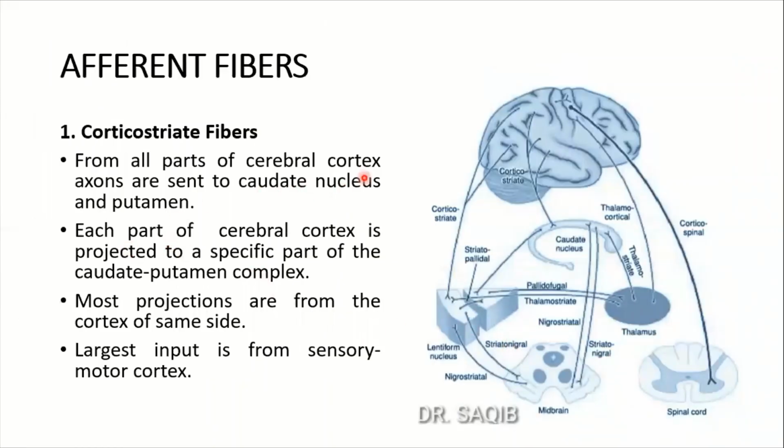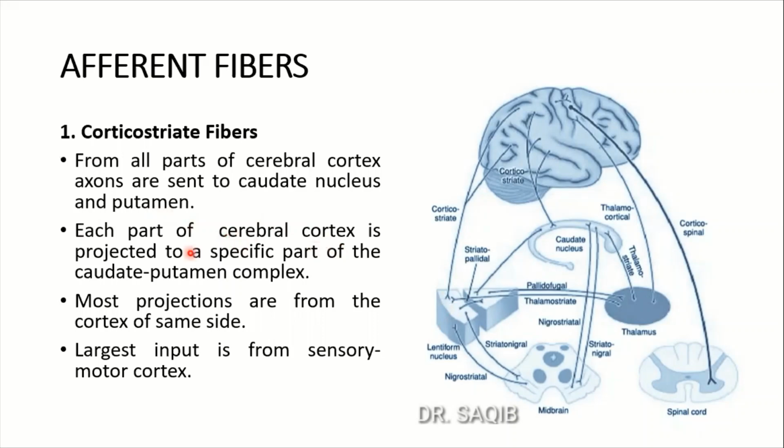Corticostriate fibers from all parts of the cerebral cortex send axons to the caudate nucleus and putamen. This is the caudate nucleus projection, and this is to the putamen of the basal nuclei.